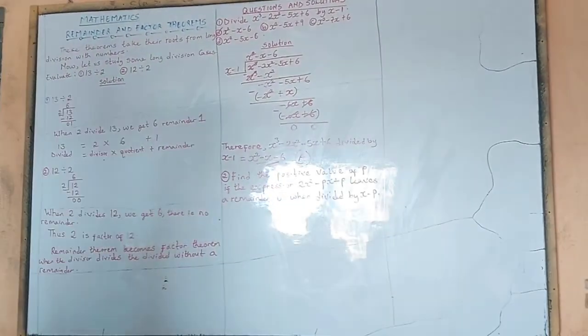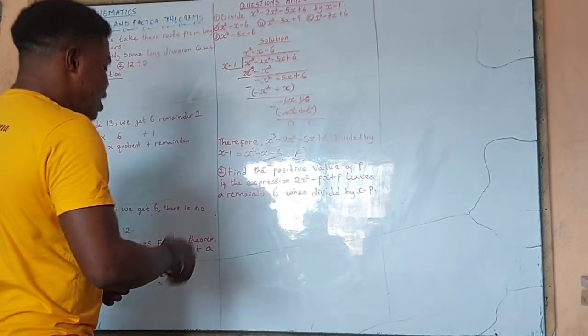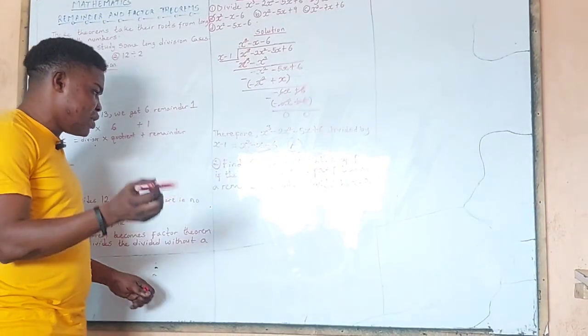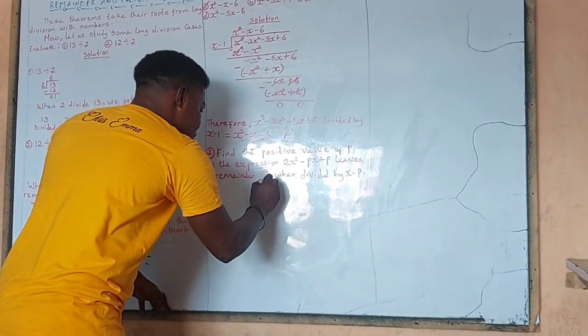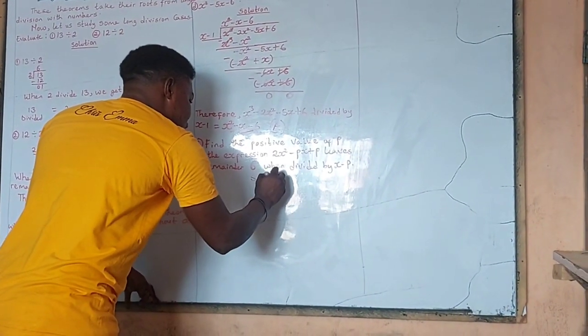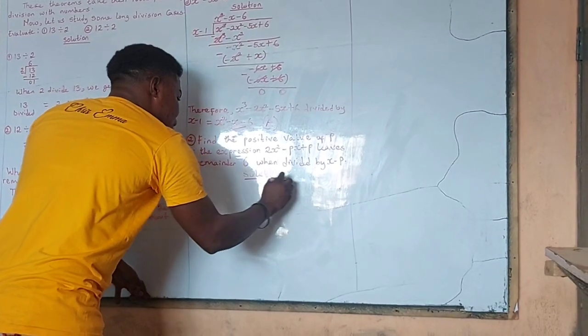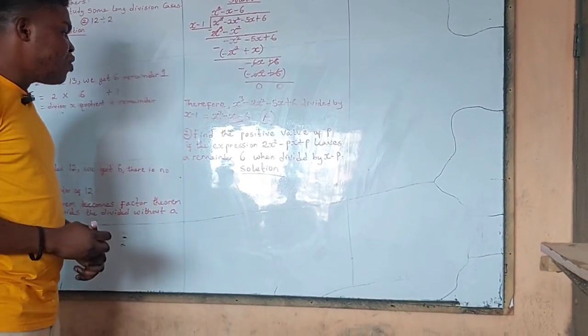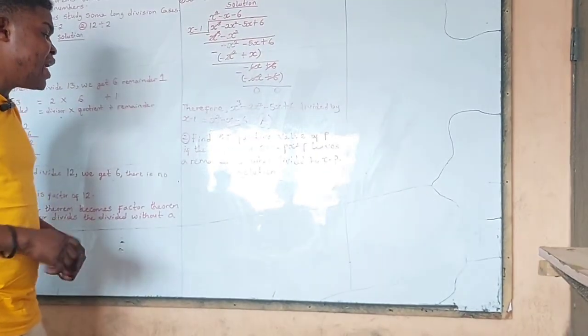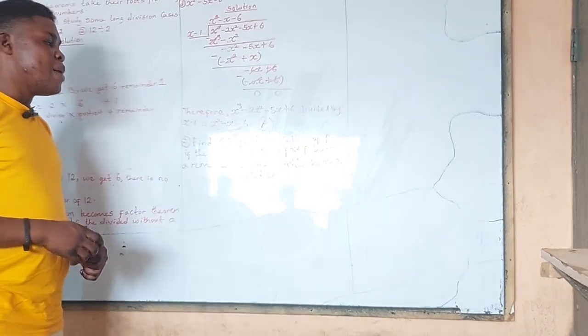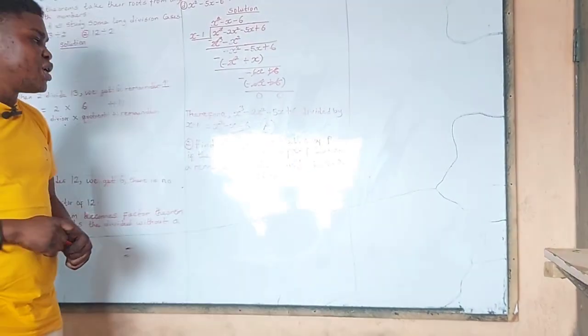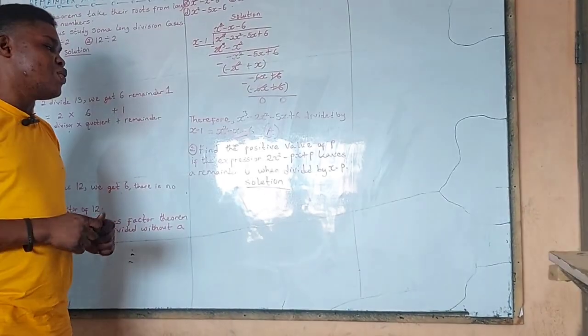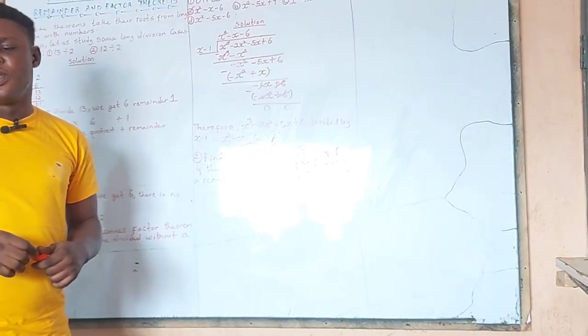Now let's look at this question. This is a JAMB question that came out in the mock they did in 2025 last week. They want you to find the positive value of p if the expression 2x squared minus px plus p leaves a remainder 6 when divided by x minus p.